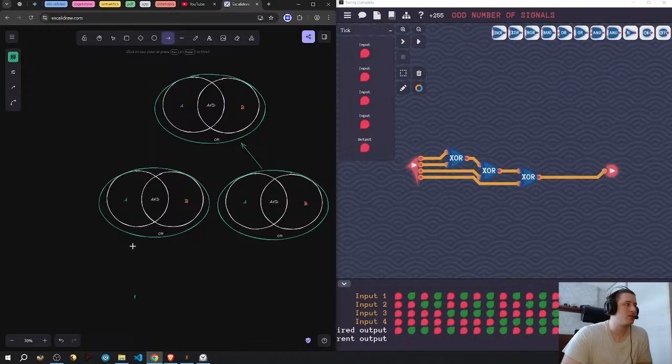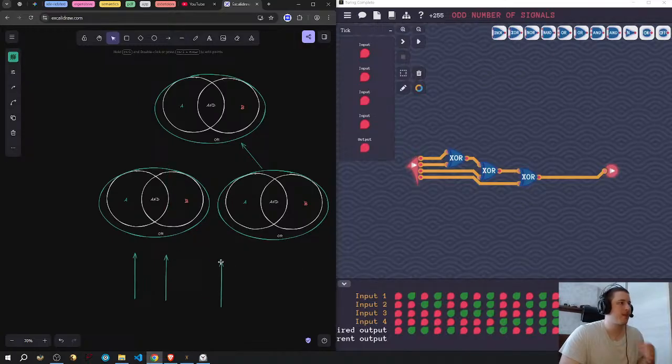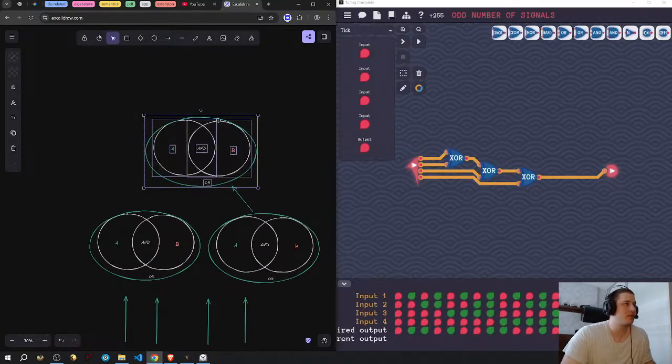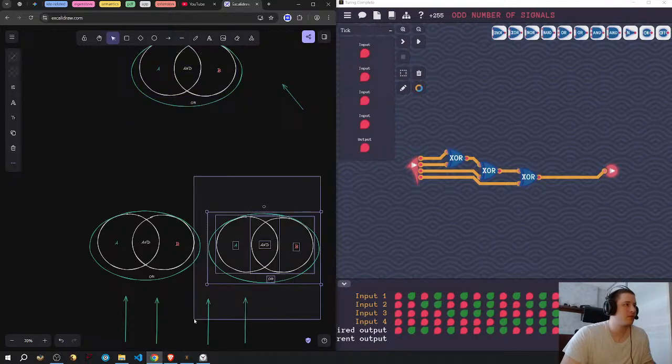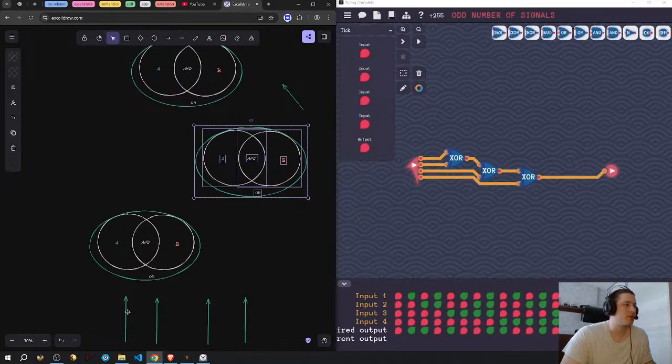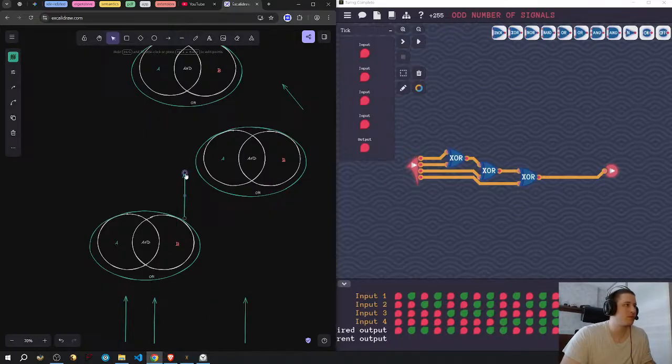If we draw the, what's here? This. So it would be as if this thing here receives one input from here, and the other one from there.